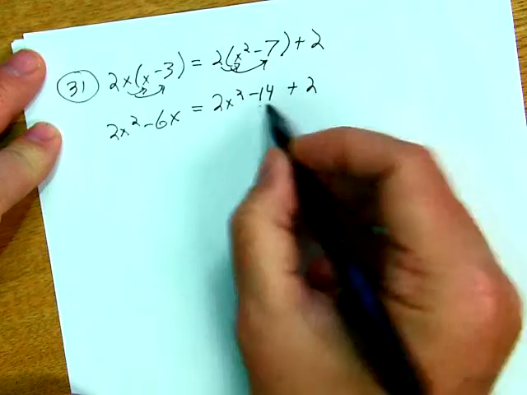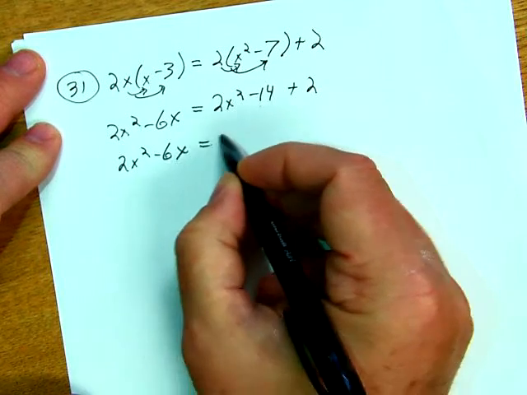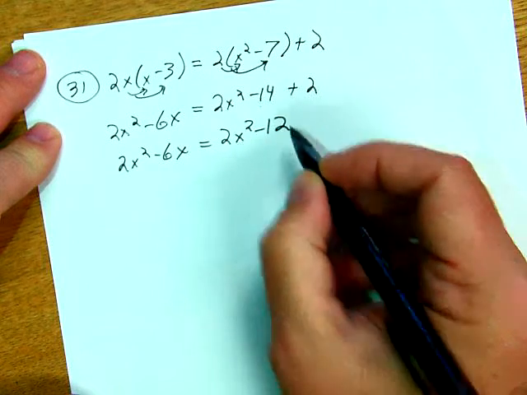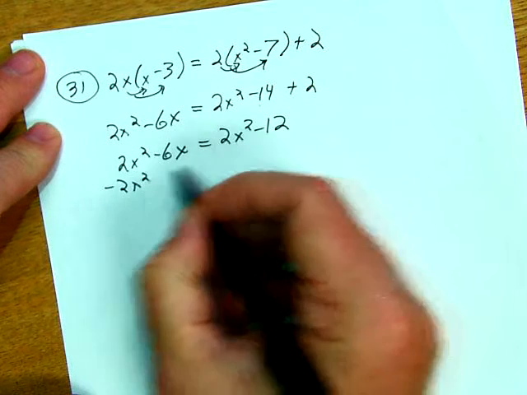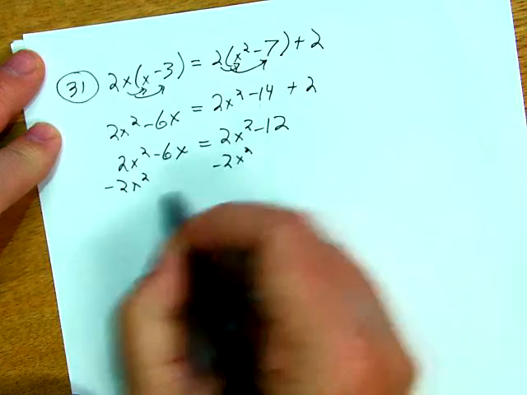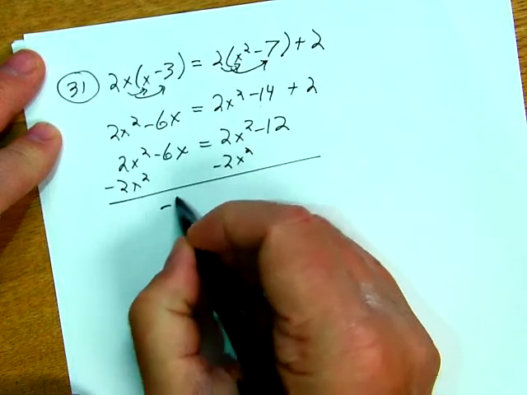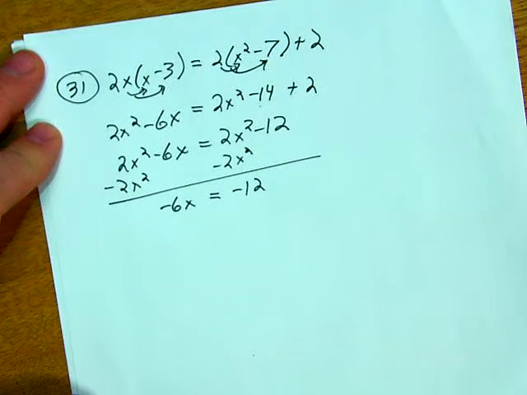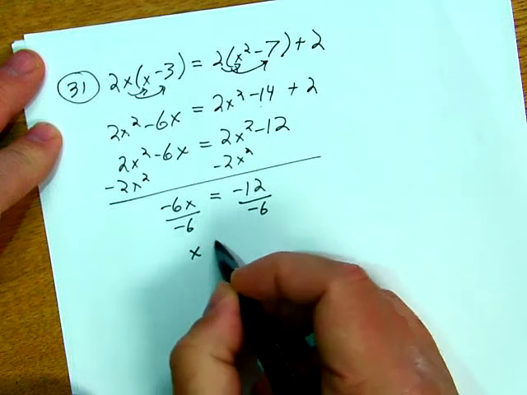We have like terms on this side. 2x squared minus 6x equals 2x squared minus 12. We're going to subtract 2x squared from both sides, and that actually cancels out both of those. So our x squared has gone away, and now we're left with that. Divide by negative 6 on both sides, and x equals 2.